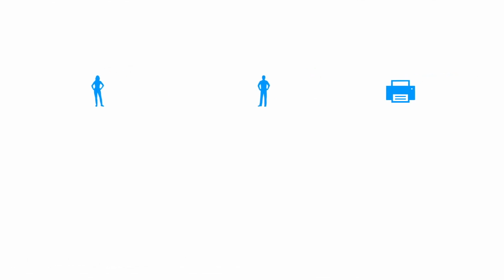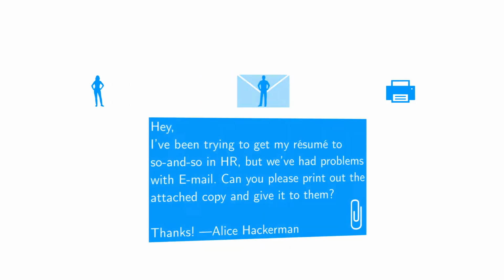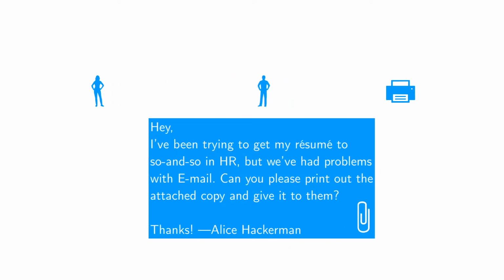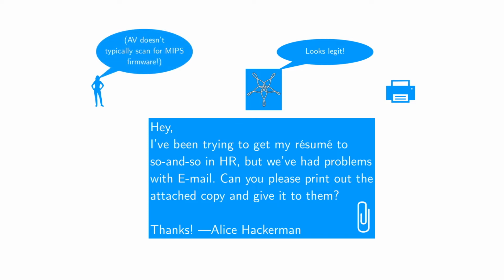Alice sends an email to Bob saying, hey, I've been trying to get my resume to so-and-so in human resources, but we've had some problems with email. Could you just please print it out and give it to them? Thanks. So Bob opens Alice's attachment. It is a PostScript file, and it renders, and it looks like her resume. But little does Bob know that, well, first of all, antivirus typically doesn't scan for MIPS firmware.